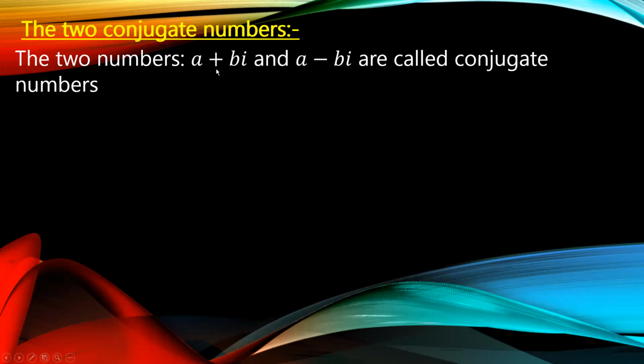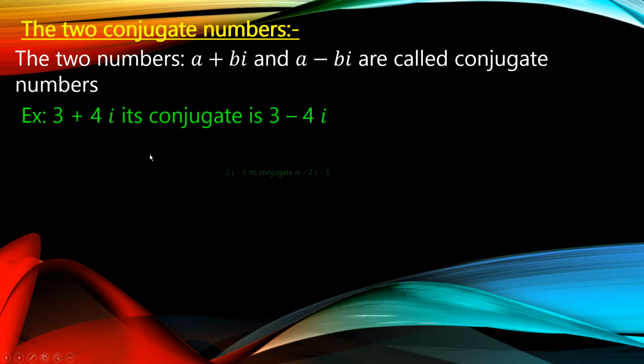For example, 3 plus 4i, its conjugate is 3 minus 4i. I will change the sign of the imaginary part.